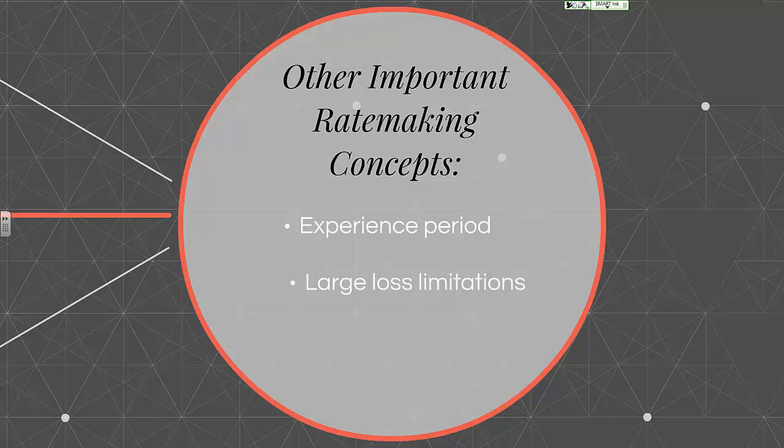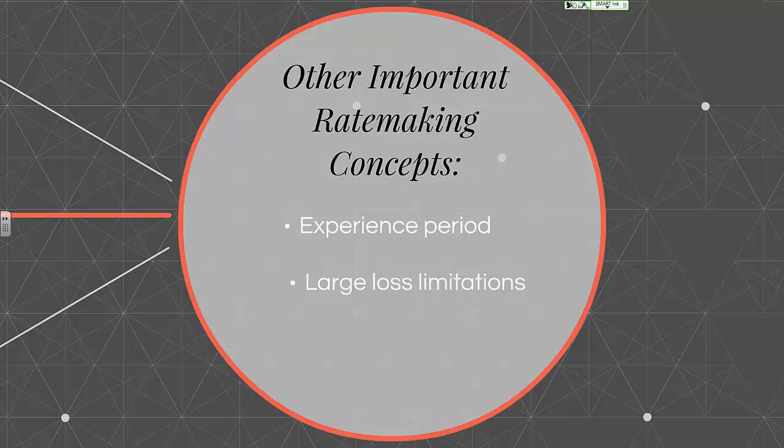Next, large loss limitations. Related to what we were just discussing, unusual rate fluctuations could occur because of large loss fluctuations, or spike losses. A common example of this would be a catastrophe. Another would be an unusual liability loss, such as a significant pollution lawsuit for a company. Most losses from these types of large events or accidents are excluded from rate-making data and replaced by a flat amount and spread out over different states.